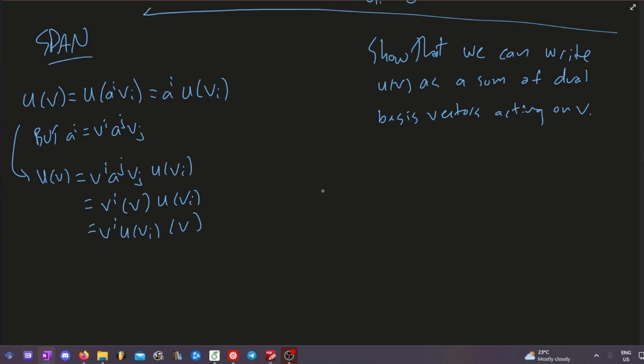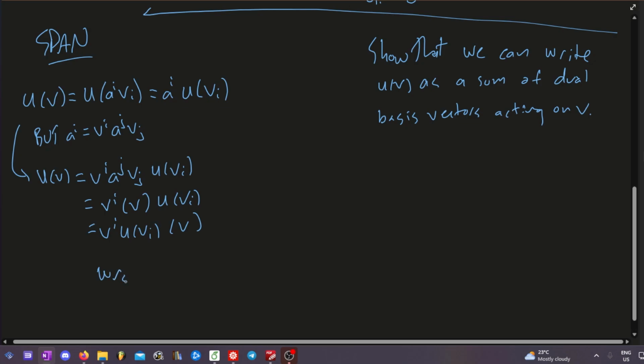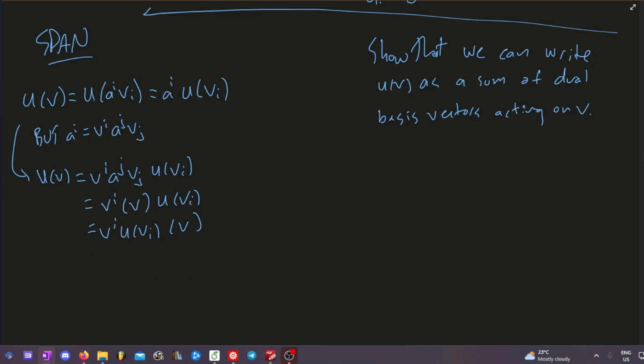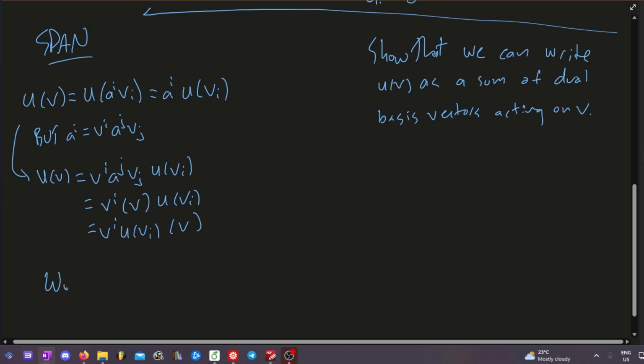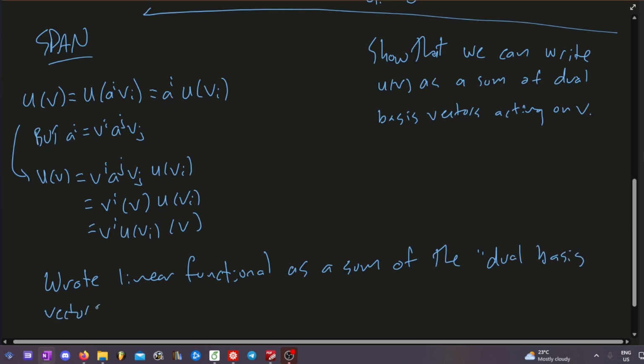So essentially we've proven here, let's say, we wrote a linear functional as a sum of the, quote, dual basis vectors times constants.